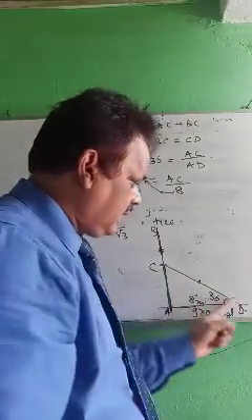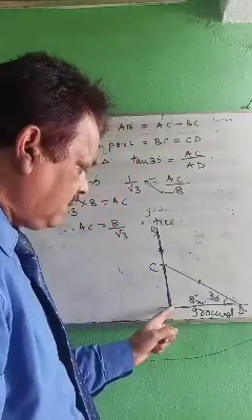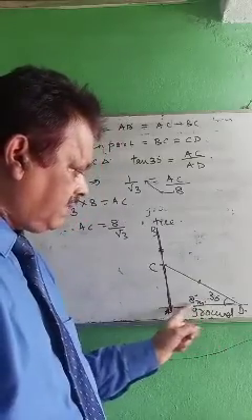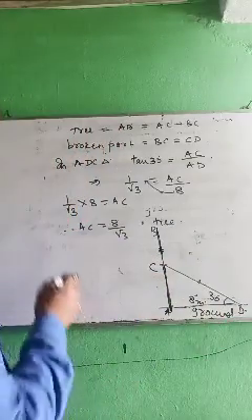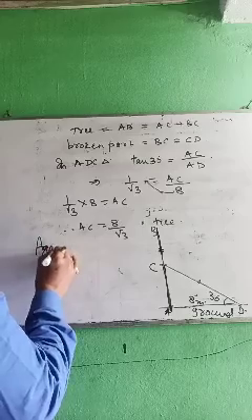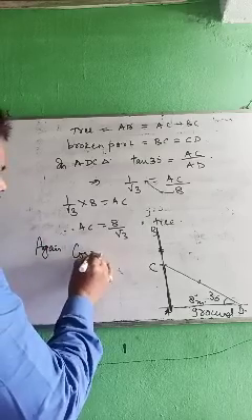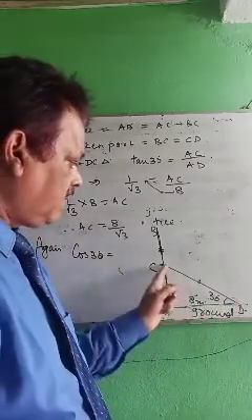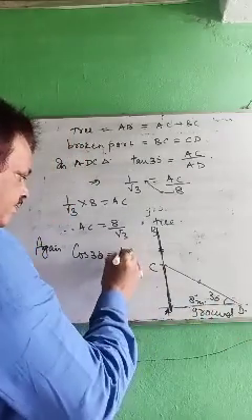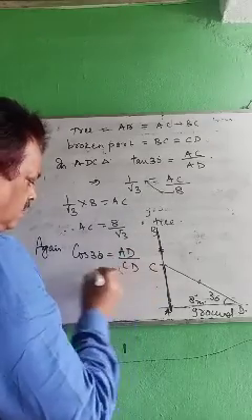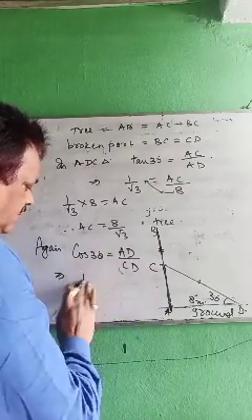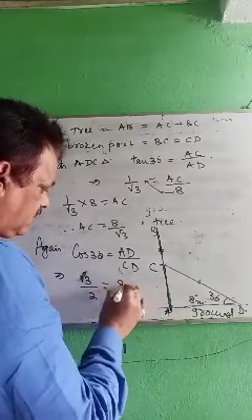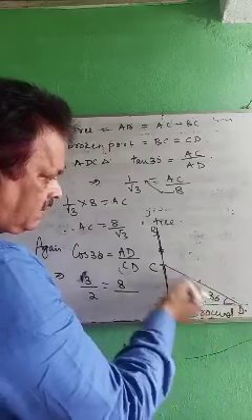Now you have to find CD. The relation between base and hypotenuse is cos. Cos theta is base by hypotenuse. Again, cos 30 equals base AD by CD. Cos 30 equals root 3 by 2; you have to remember this value. So root 3 by 2 equals AD, which is 8, divided by DC.